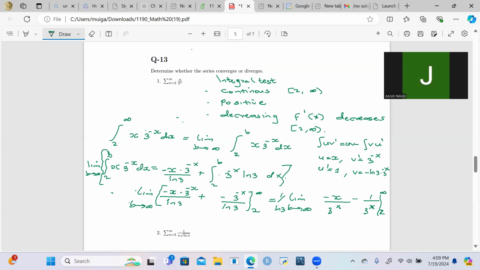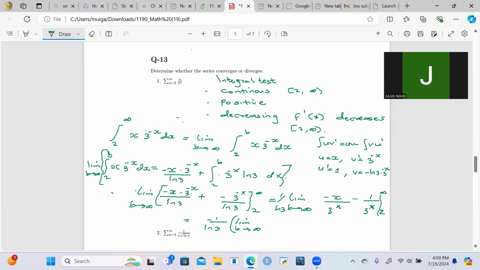So we substitute. If I factor out minus also, I'll have minus 1 over ln of 3, and then the limit as b grows, and then substitute the limits, infinity.